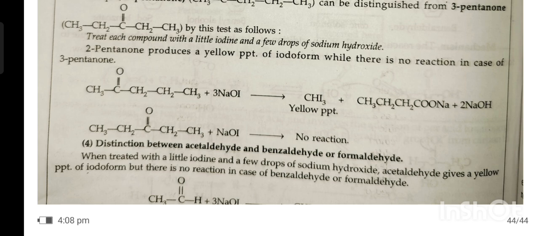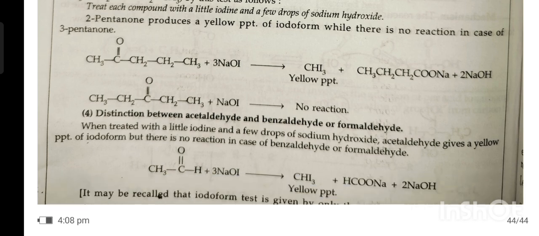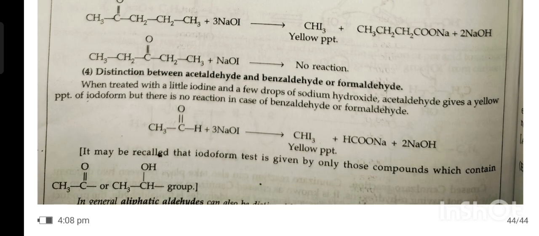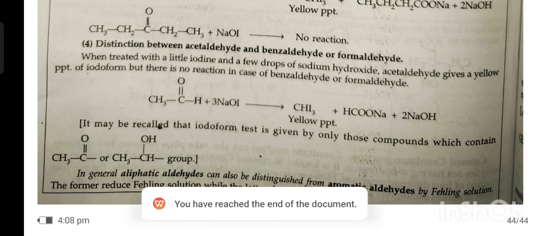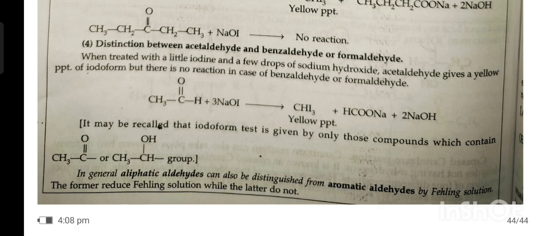When treated with a little iodine and a few drops of sodium hydroxide, acetaldehyde gives a yellow precipitate of iodoform, but there is no reaction in case of benzaldehyde or formaldehyde. It may be recalled that the iodoform test is given only by compounds which contain this group. In general, aliphatic aldehydes can also be distinguished from aromatic aldehydes by Fehling solution. The former reduce Fehling solution while the latter do not.